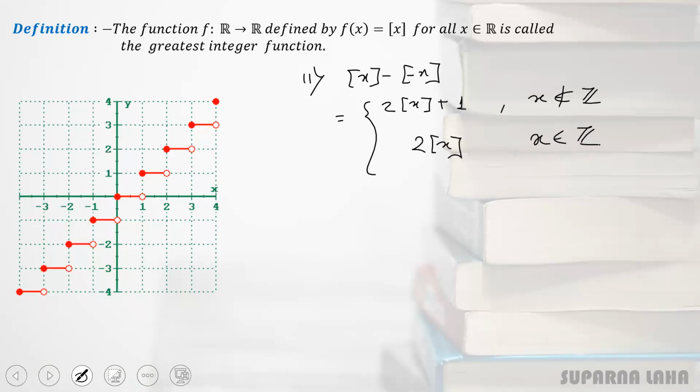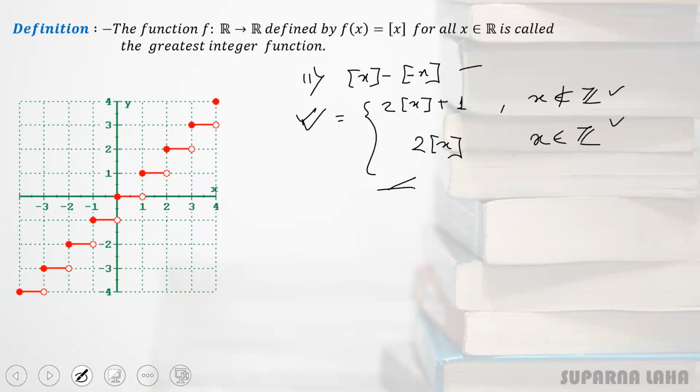This is your homework. Take any integer value and non-integer value, or any real number, and check these two possibilities. Okay, so this is your homework to verify this property, that box x minus box of minus x should be given by this.